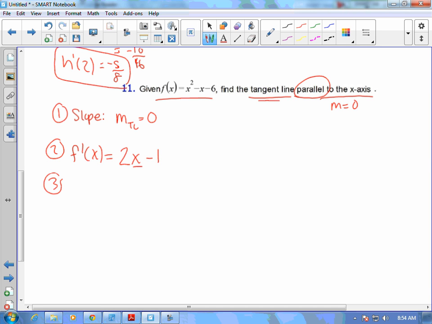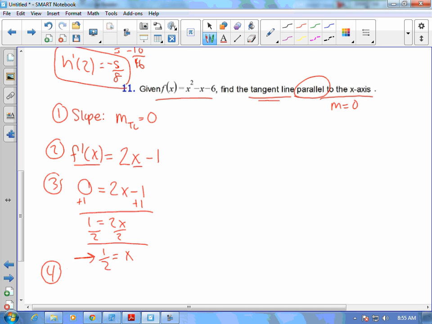We want the slope of the tangent line to be 0, so we're finding which x value makes the slope of the tangent line equal 0. Solving for x, add 1, I get 1 equals 2x, divided by 2, x equals 1/2. Then plug in your x, and you'll have your point. And then you use point-slope, and you're good.